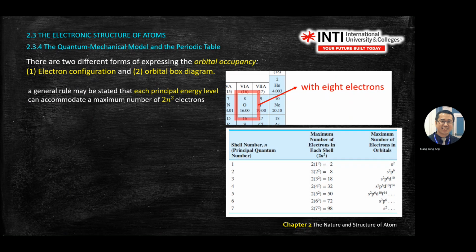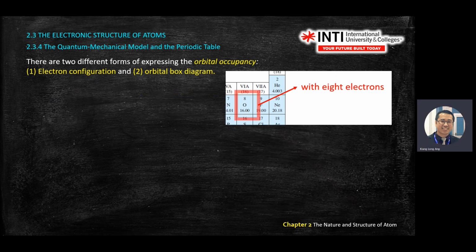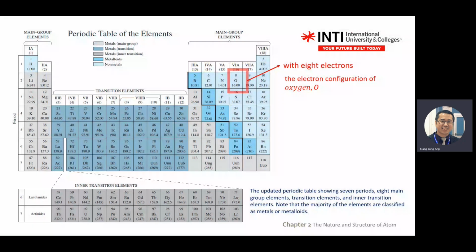And in the table that we've seen just now, each one has its maximum number of electrons. So for oxygen, you can write like this. I'll give you a shortcut. This might not be in my slides, but it is in my lecture.